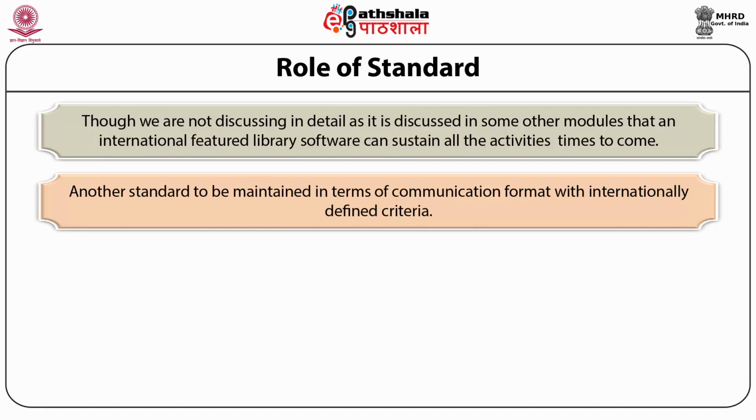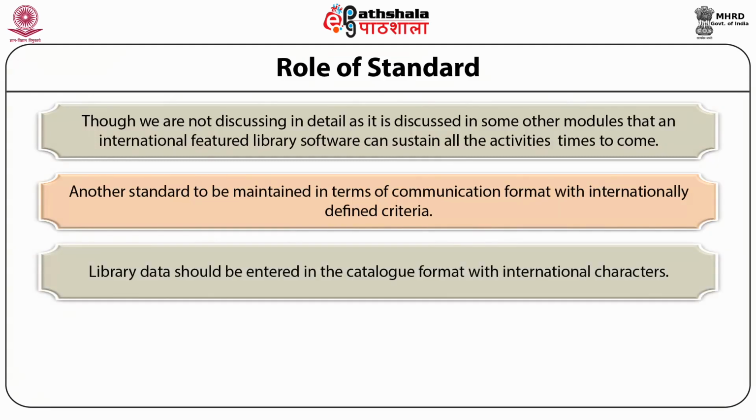Suppose we have a very international-standard technical aspect of library automation, but sometimes non-technical aspects are very helpful to the technical aspects, like the subject catalog and subject headings. There the library people, the catalogers involved in the cataloging process, use terms or subject descriptors or subject tags derived from standard texts. So the library data should be entered in the catalog format with international characters.